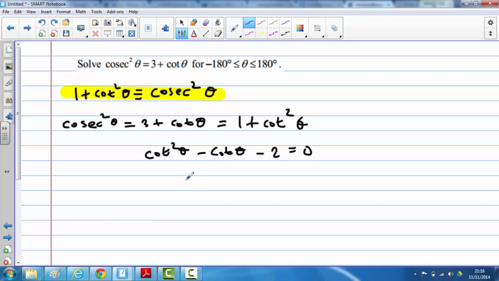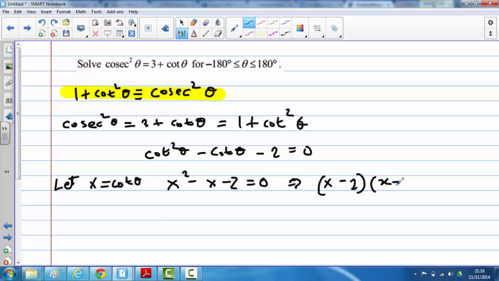We can see now it's in the form where we've got a cot squared, a cot, and a 2. And so we can do a little trick and just say let x equals cot theta, and so we've got x squared take away x take away 2 equals 0. We can now factorize this and solve it, so we should get x minus 2 and x plus 1 equals 0.